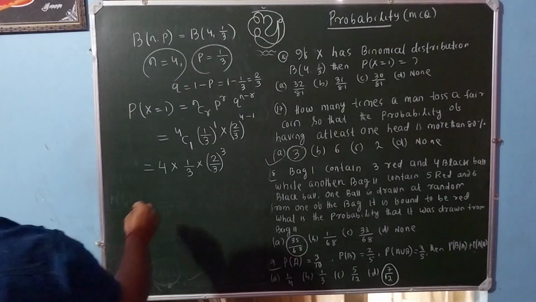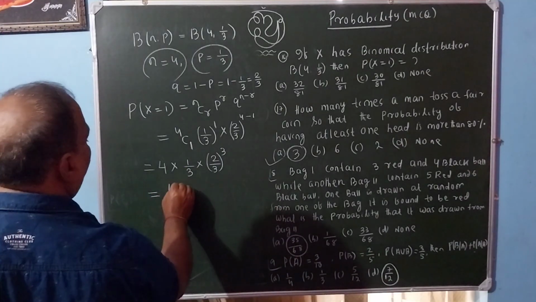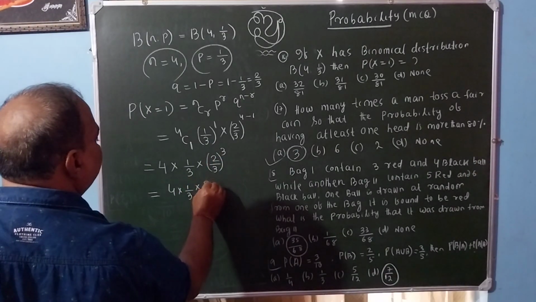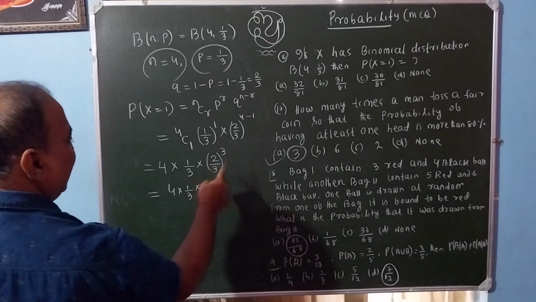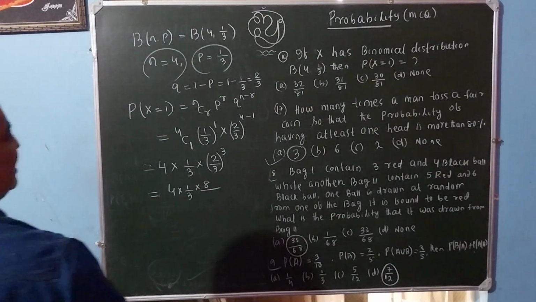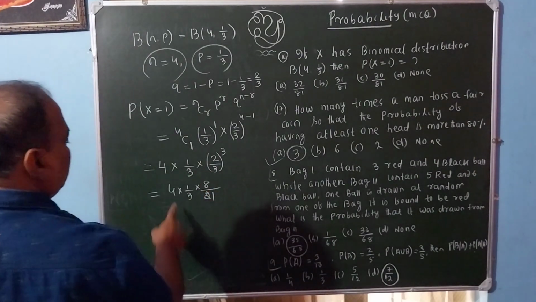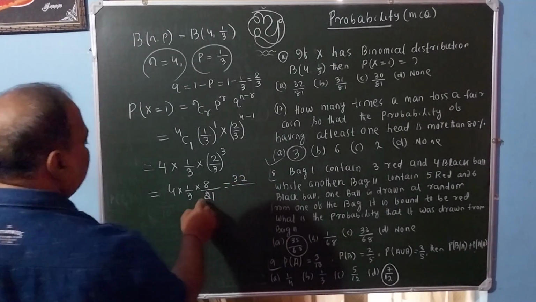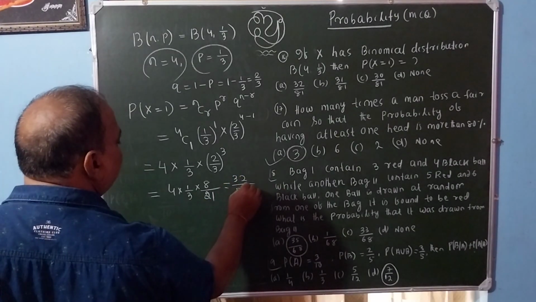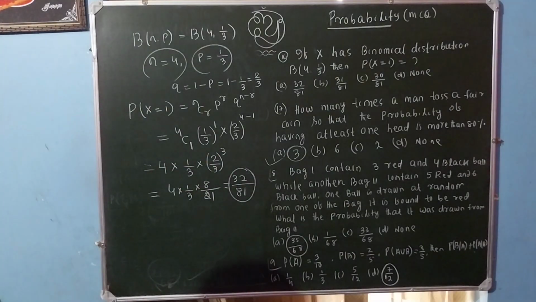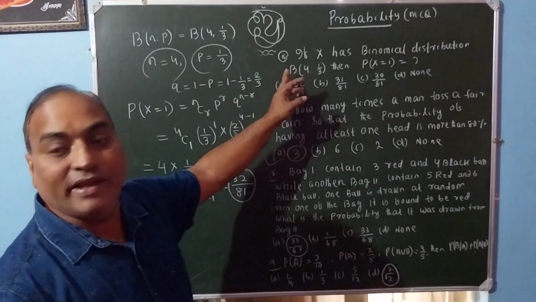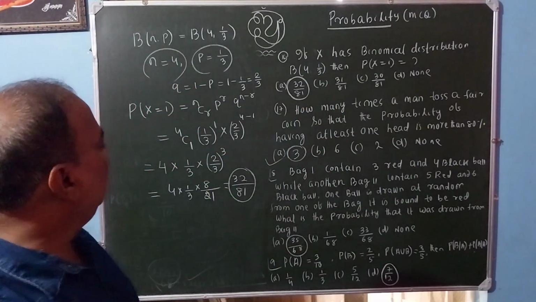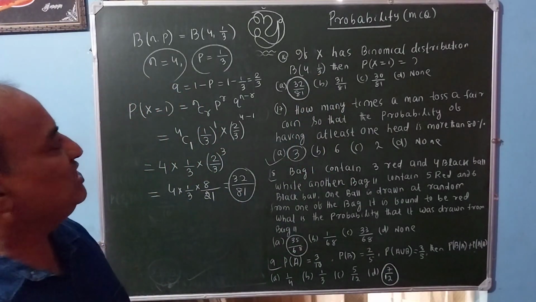Okay. So now it will be 4, 1 by 3, and 2 into 2 into 2 is 8. Here it is 3 into 3 into 3, that is 27. So 4 into 8, that is 32. 27 into 3, it is 81. So the correct answer is 32 by 81. Okay? 32 by 81, the correct answer.